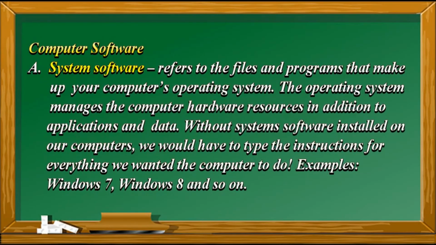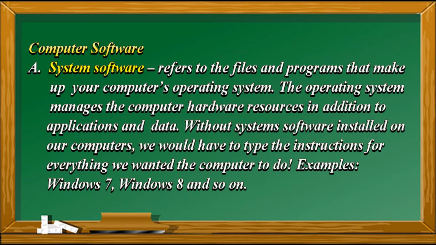Computer software refers to the intangible components of a computer. There are different types of computer software. A. System software. This refers to the files and programs that make up your computer's operating system.